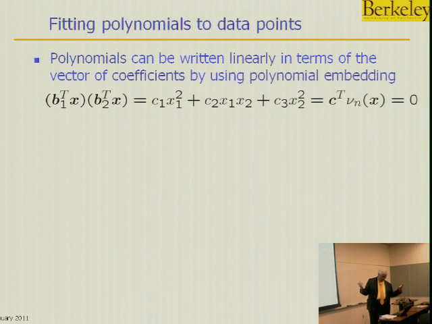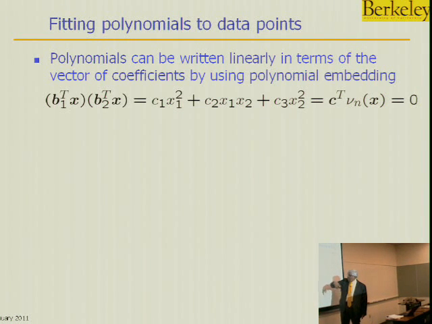And so how do you represent these homogeneous polynomials? If you have a homogeneous polynomial in 2 variables, say in R2 with x1 and x2, all the possible things that you can get in terms of homogeneous polynomials of order 2 are x1 squared, x1 x2, and x2 squared.